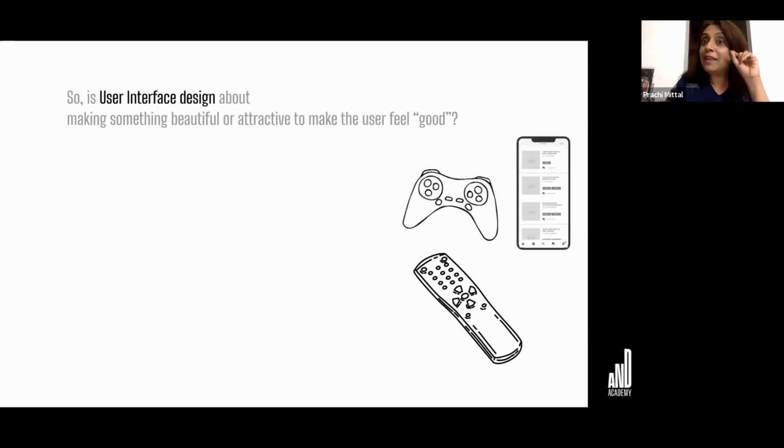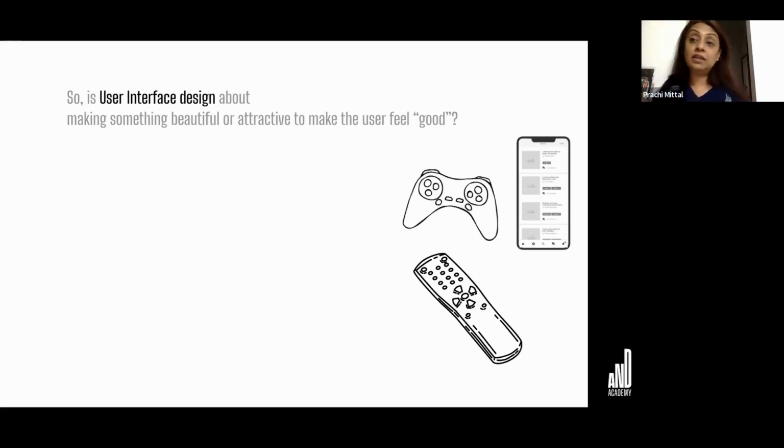I want you to think about the same example of the remote. How do we feel? Of course, I'll feel great if I see a good looking remote, right? But what will really make me happy or satisfied, or when will I call the remote a user friendly design, is when it makes it easy for me to perform the tasks that I want to do, right?